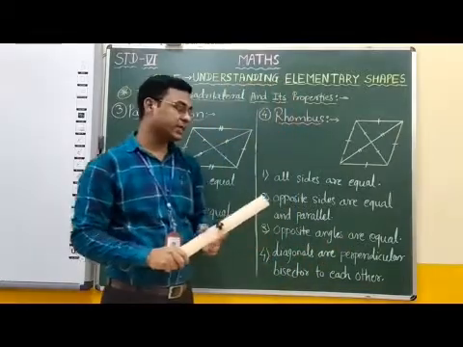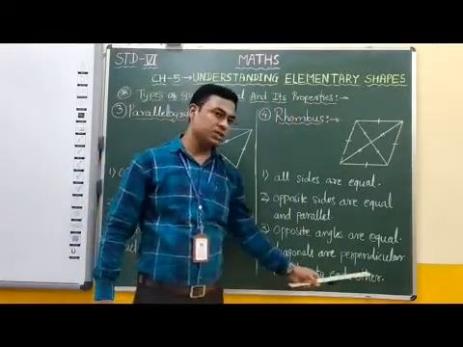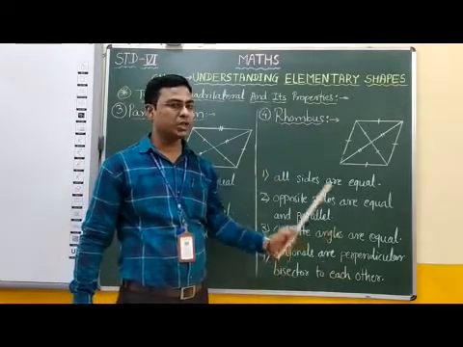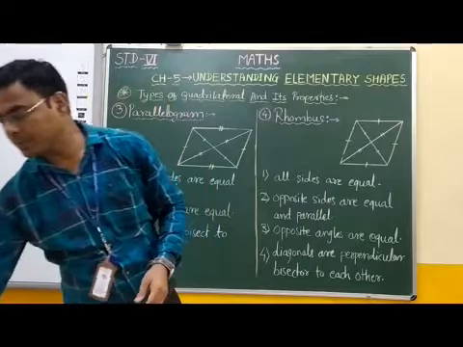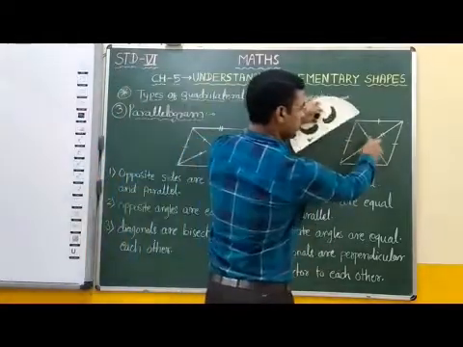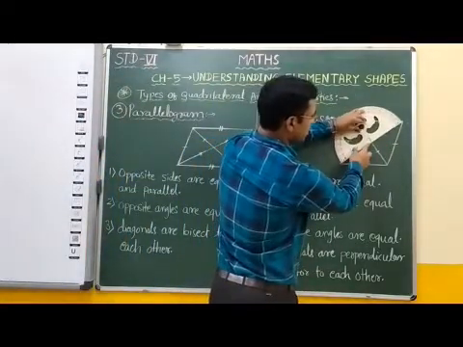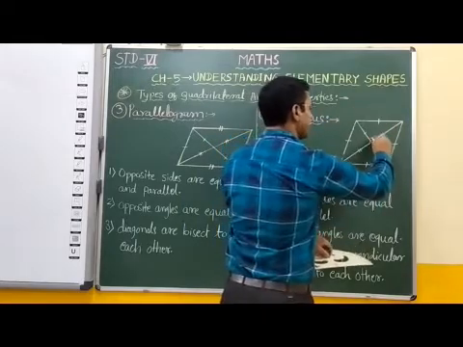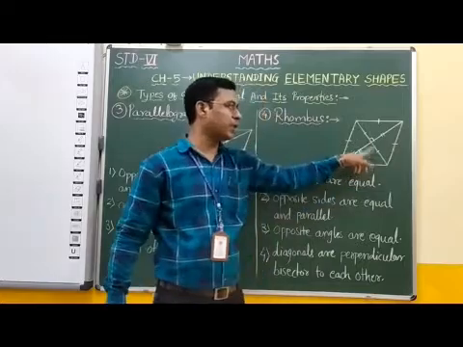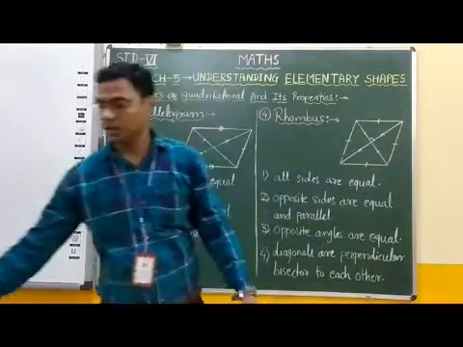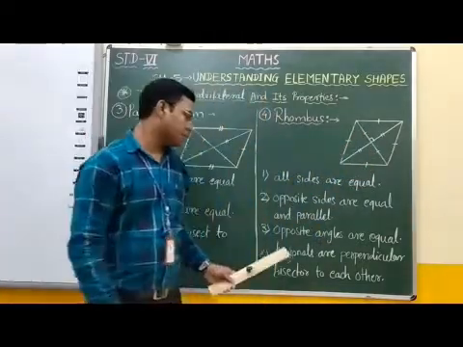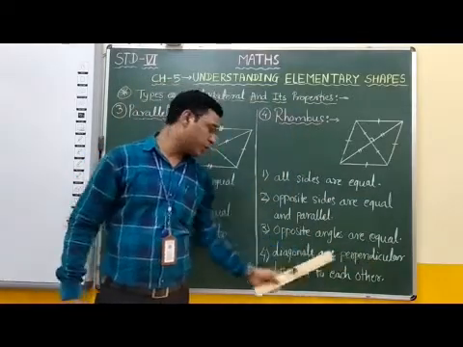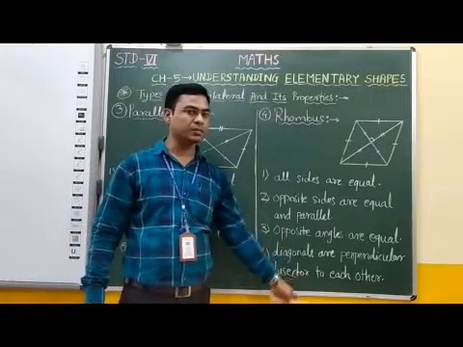Therefore, the diagonals of a rhombus bisect each other. And if you measure this angle, it is 90 degree. Therefore, the diagonals are perpendicular to each other, so the diagonals of a rhombus are perpendicular bisectors of each other.